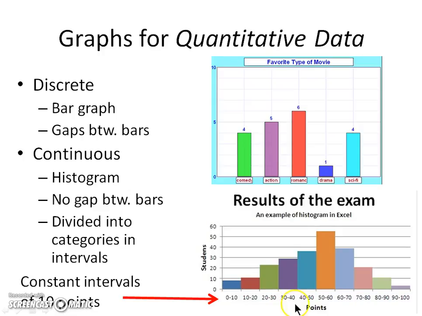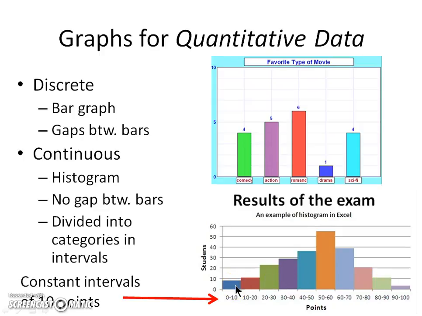If a student has a score of, say, 75 points, the student would fall under this category. In this case, it seems we have 20 students with a score between 70 and 80 points.